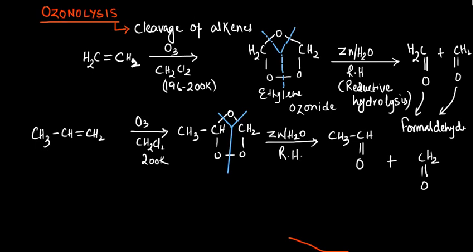Lysis means breaking. So this breaking of alkene is happening over here, and that is why we call it ozonolysis. So this is the basic theory for ozonolysis. By using this method you can do ozonolysis for all the alkenes. After this we will be doing some problems.